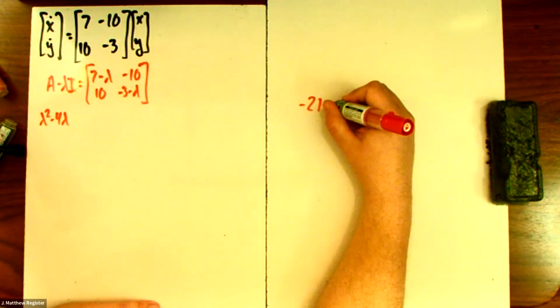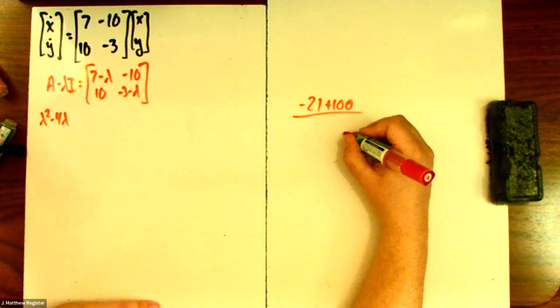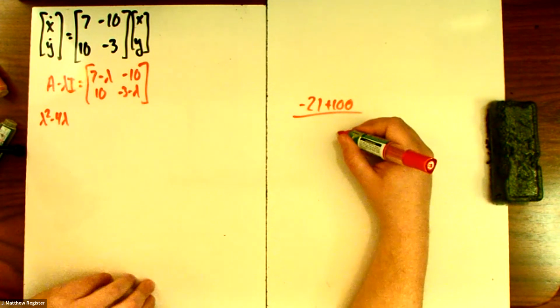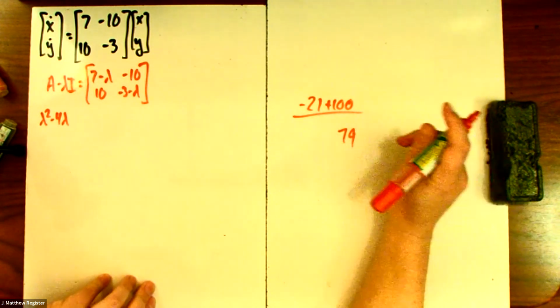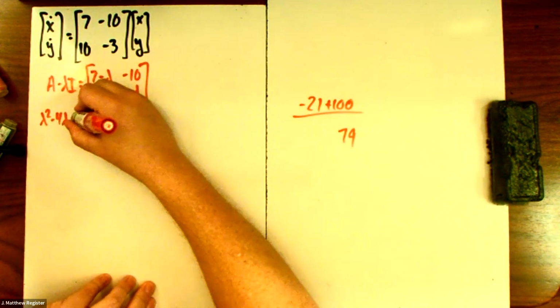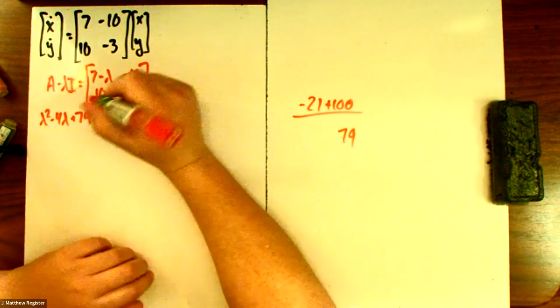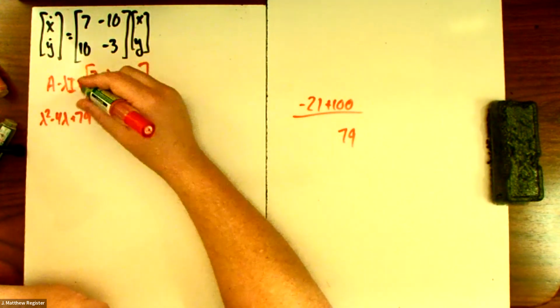And then it's going to be minus a negative 100. And so that is going to give us a total of, oh goodness, I do not like this problem, 79. And so we are going to get a plus 79 here. That's concerning. Let's see what we get from that.